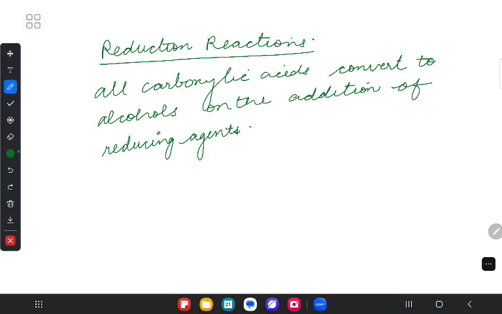So how do we have this? We have two primary reducing agents that we use, and there are a lot more reducing agents that we have.